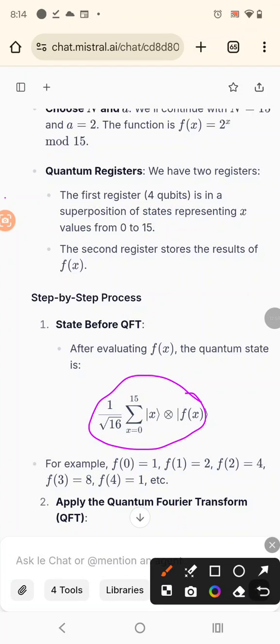After evaluating f(x), the quantum state is 1 over root 16, sum for x from 0 to 15, of x cross f(x). For instance, f(0) is 1, f(1) is 2, f(2) is 4, f(3) is 8, f(4) is 1, and such and such.